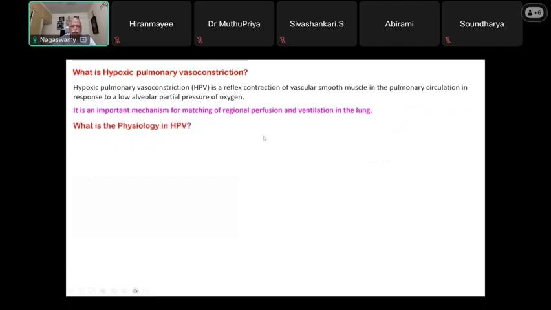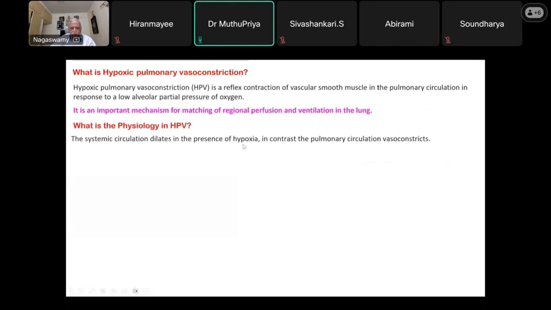And what is the physiology of this? In systemic circulation, usually whenever there is hypoxia, the blood vessels will dilate so that more oxygen can be delivered to the tissues. Whereas in the pulmonary circulation, the opposite happens.